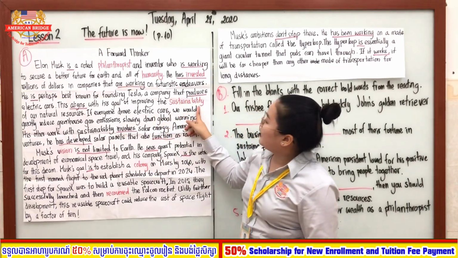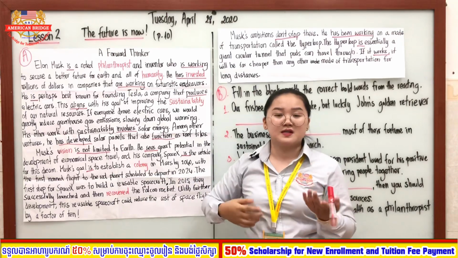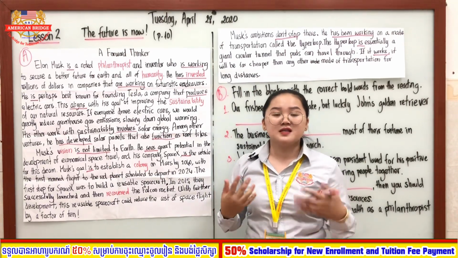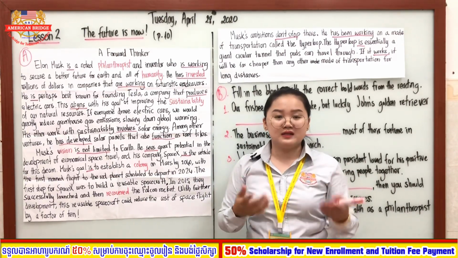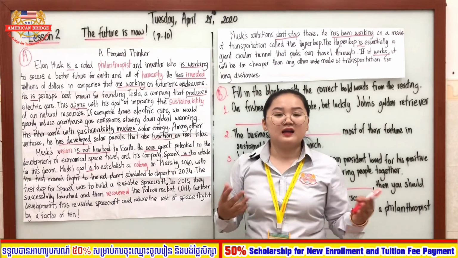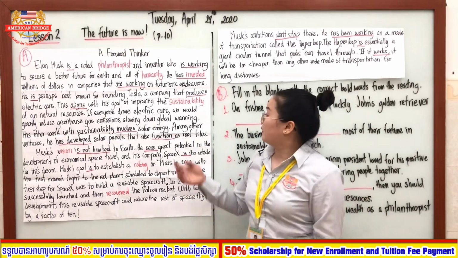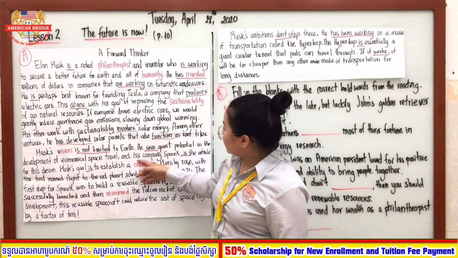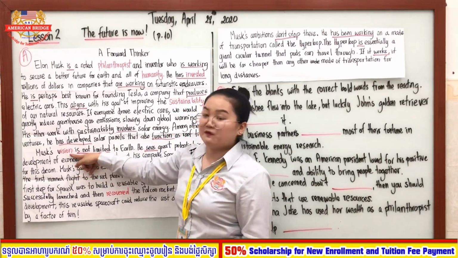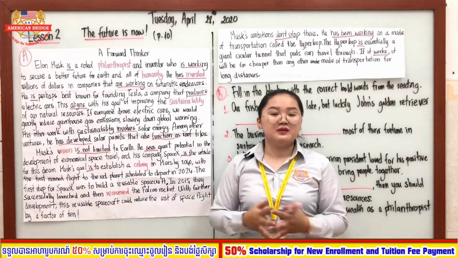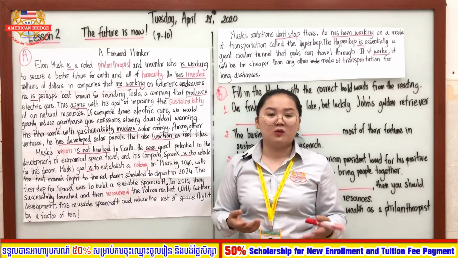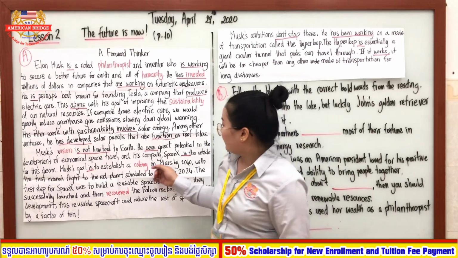Next, sustainability. So what does the word sustainability mean? It means to try to maintain or keep something at the same level or the same rate. Next, visions. The word vision means the ability to think or to plan for the future.